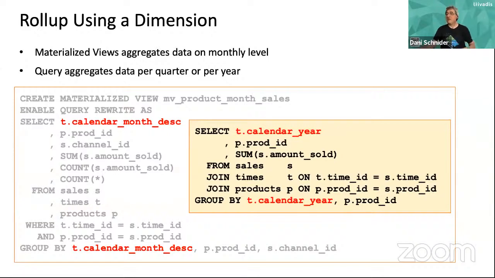So the question is, can this query in the yellow box use query rewrite when the materialized view contains only the calendar month but not the year?